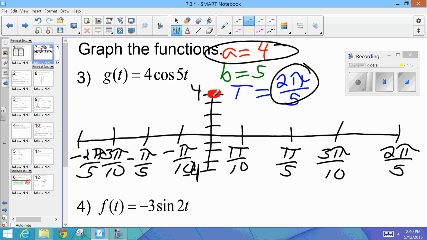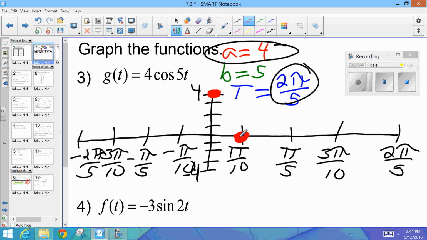Okay, so cosine of 0 is usually 1, but because of the transformation, we're multiplying by the amplitude of 4. Okay, so at our next marker, which is usually pi over 2, we've got a 0, okay? Again, because B changed the period and the frequency, this is now pi over 10.